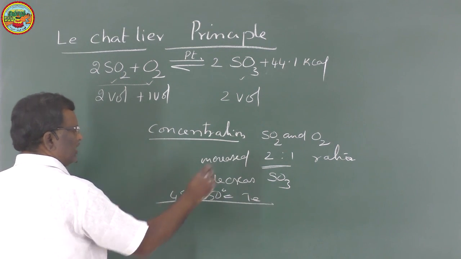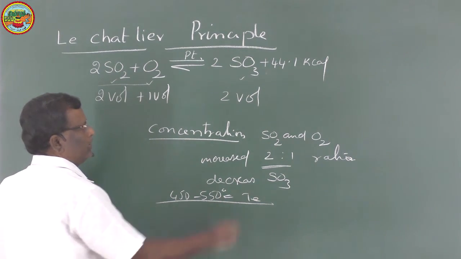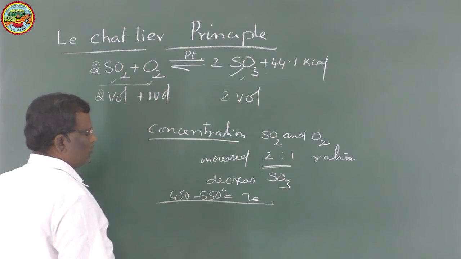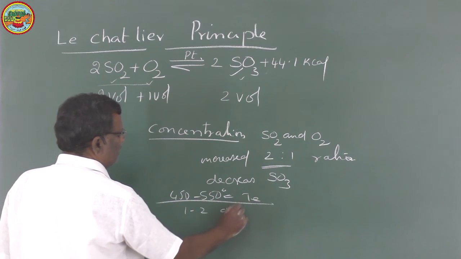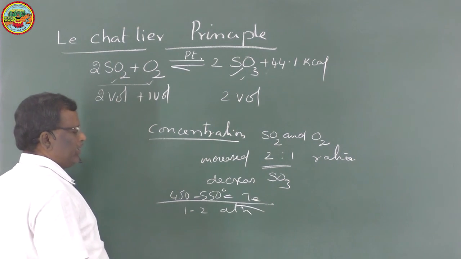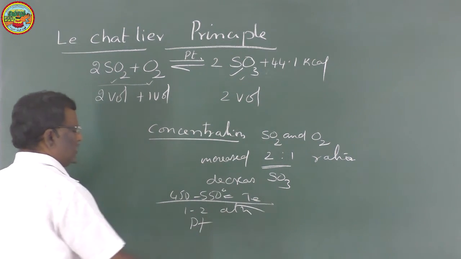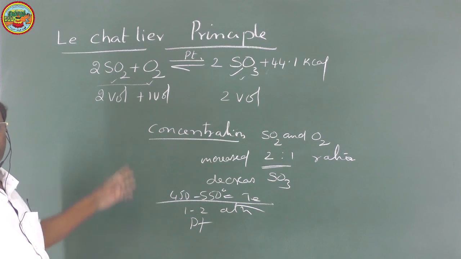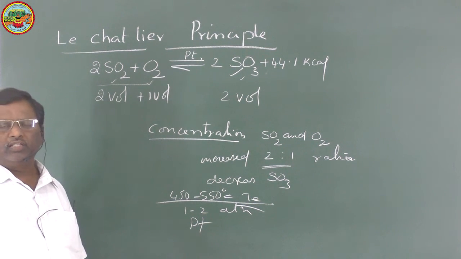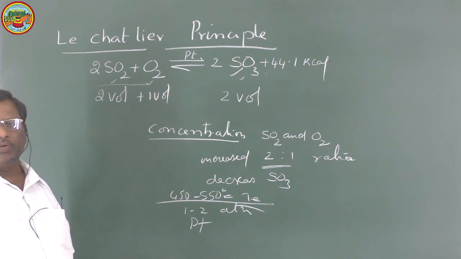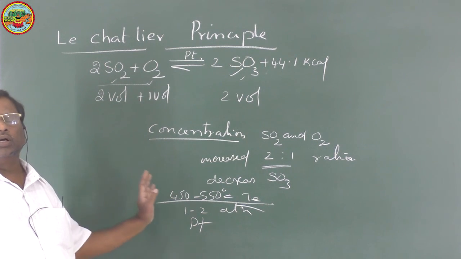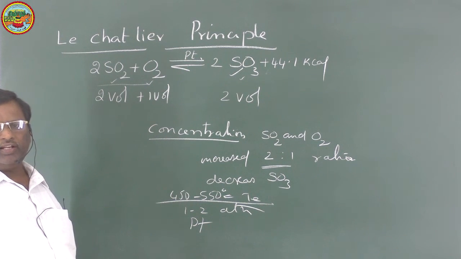Next, pressure: high pressures favor the forward reaction, but because of the acidic nature of SO3, only 1 to 2 atmospheres pressure will be maintained. Platinized asbestos will be used as a catalyst. These are the 4 optimum conditions that we have to take in the preparation of SO3 by the contact process.